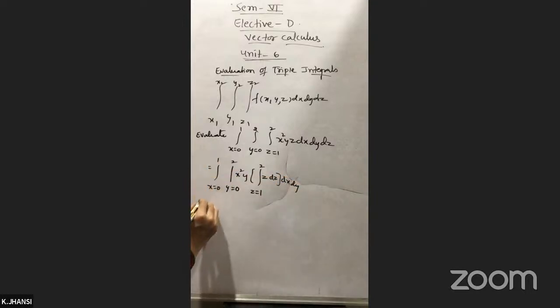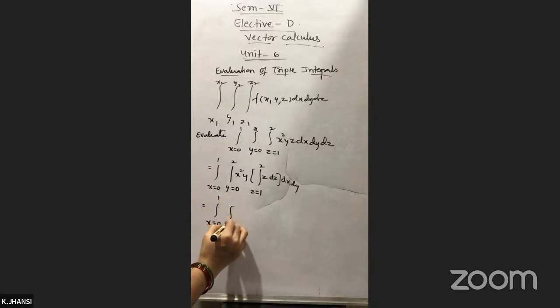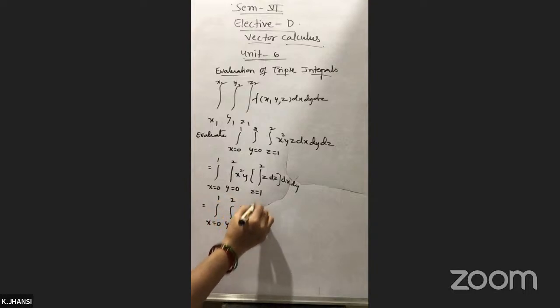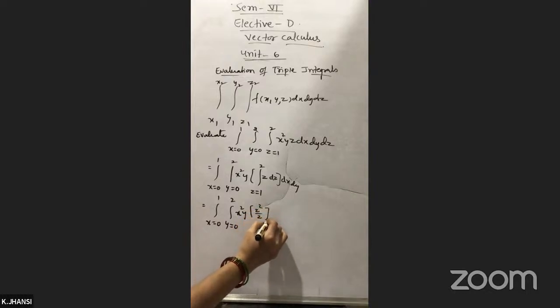It equals x from 0 to 1, y from 0 to 2, x square y times the integration of z, which is z square by 2, with limits 1 to 2, dx dy.